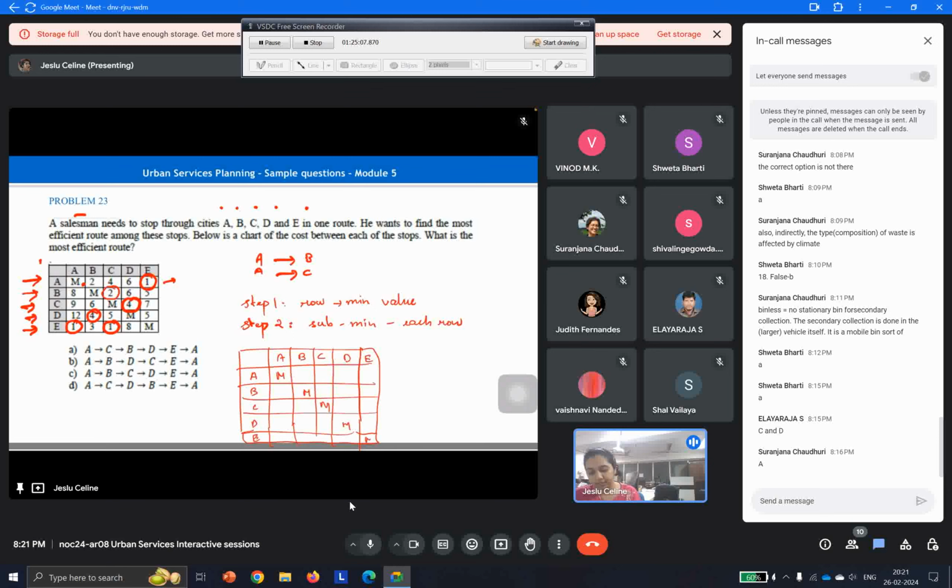Now subtracting 2 minus 1, we write 1. Then 4 minus 1, 3, 5, 0. Now this would be 6, 0, 4, 3, 5, 2.